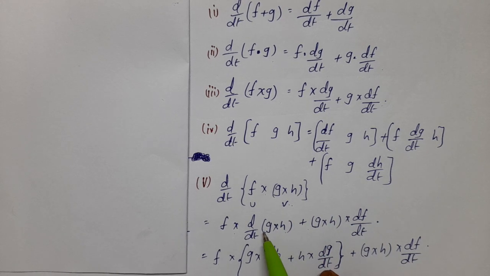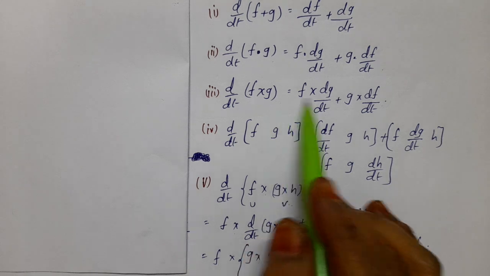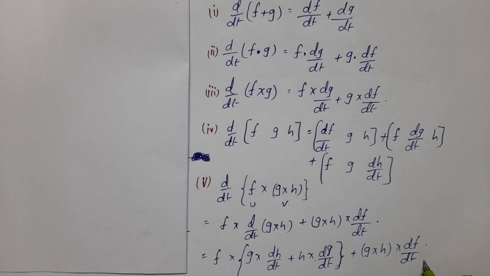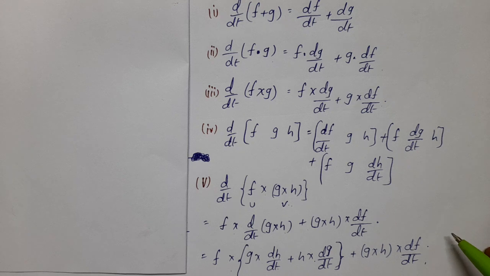Again, the derivative of g cross h is like this. So f cross (g cross dh by dt plus dg by dt cross h) plus (g cross h) cross df by dt. So we have to apply the formulas of derivatives in vector differentiation.